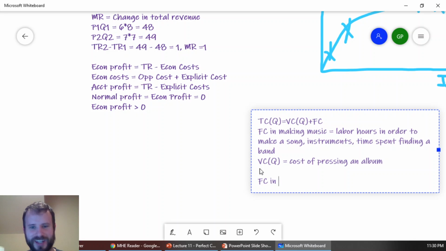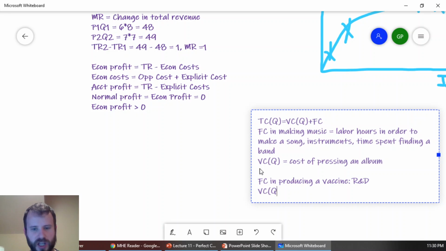Fixed cost in, let's say, producing a vaccine. Okay, so your R&D is going to be a fixed cost. You have to pay your researchers a certain amount of time to come up with the vaccine, right?